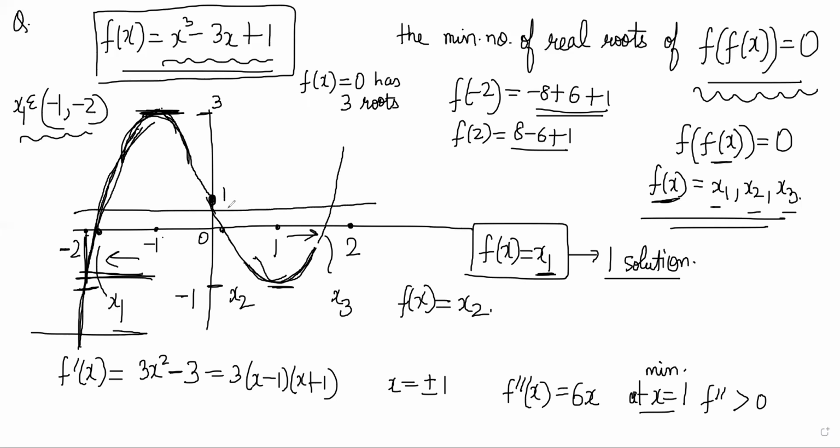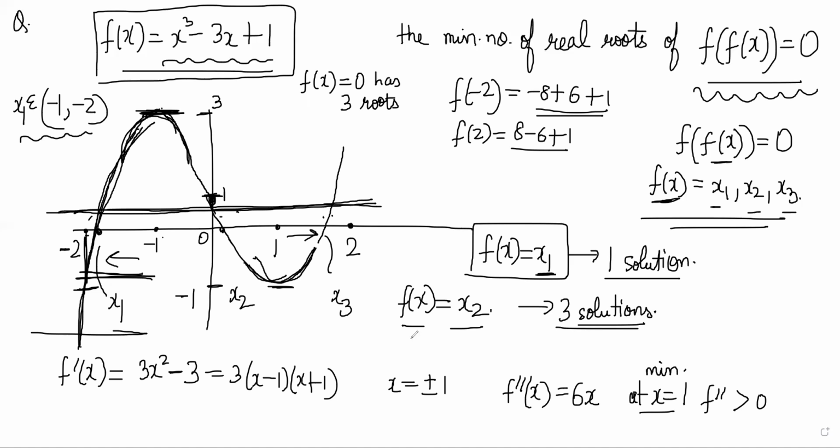That can be intersected at 3 places, right? Are you understanding what I'm saying? Yes. f of x is equal to x2, x2 lies between 0 and 1, and a horizontal line here cuts f of x 3 times. 3 solutions possible here, right?